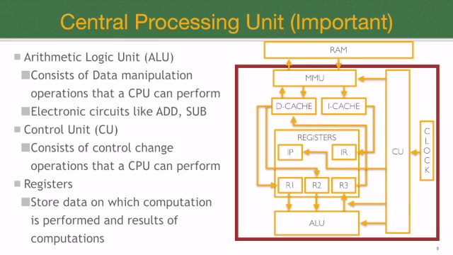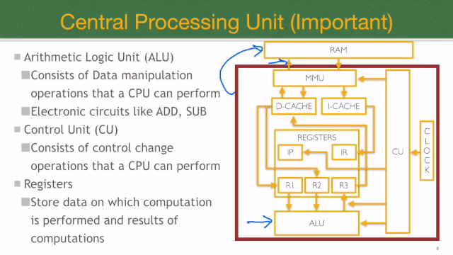So the central processing unit is an entity that interacts with RAM. The CPU has an interaction with the RAM shown over here. The CPU consists of a few components. One of the important components is the arithmetic logic unit, or ALU. The ALU consists of data manipulation operations that can be performed by the CPU.